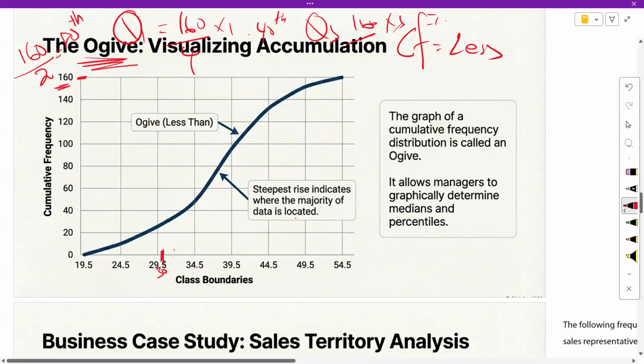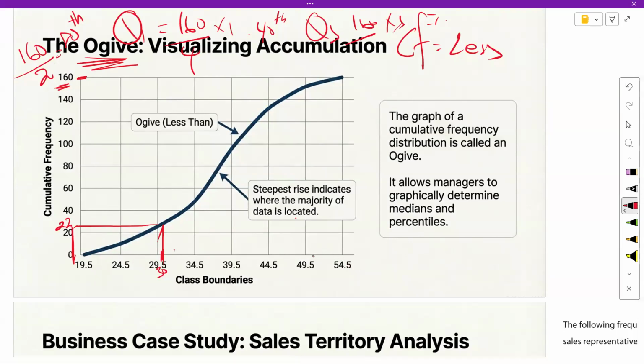Here we key in point 30, and there are maybe 22 employees less than 30 years old.